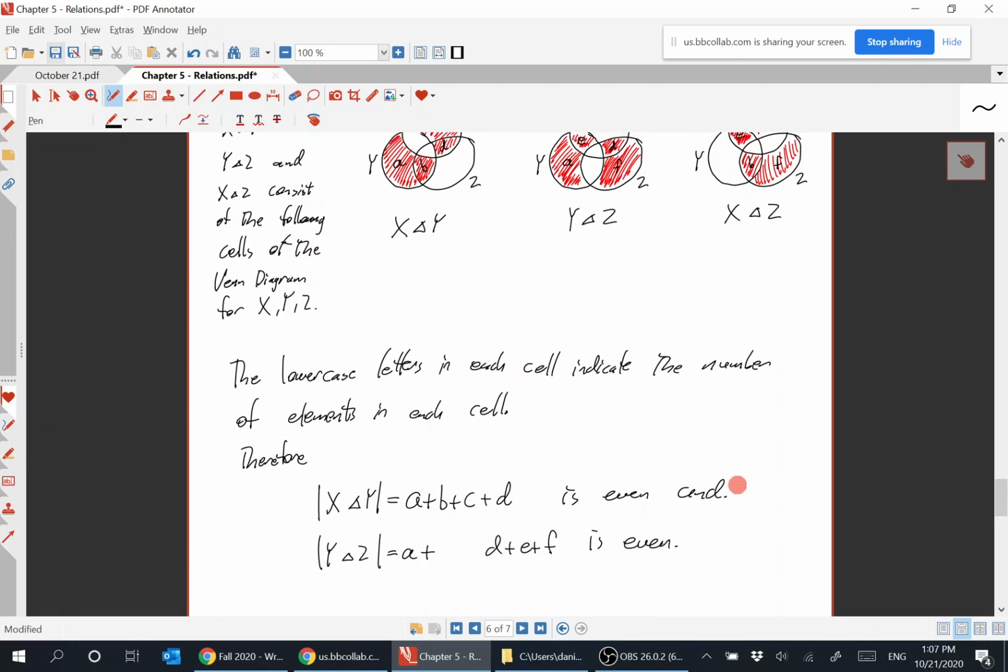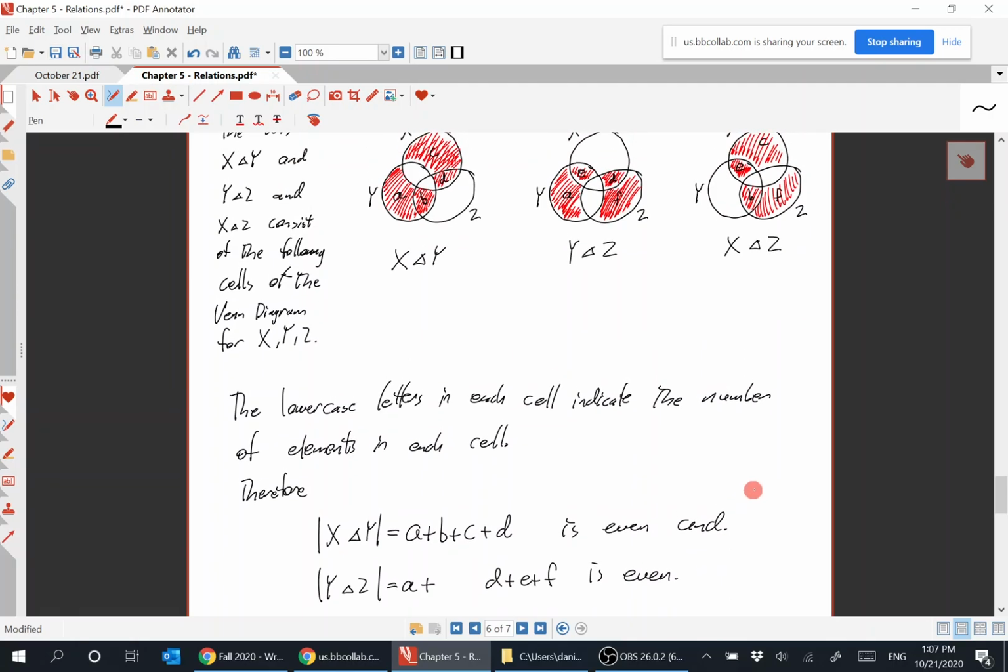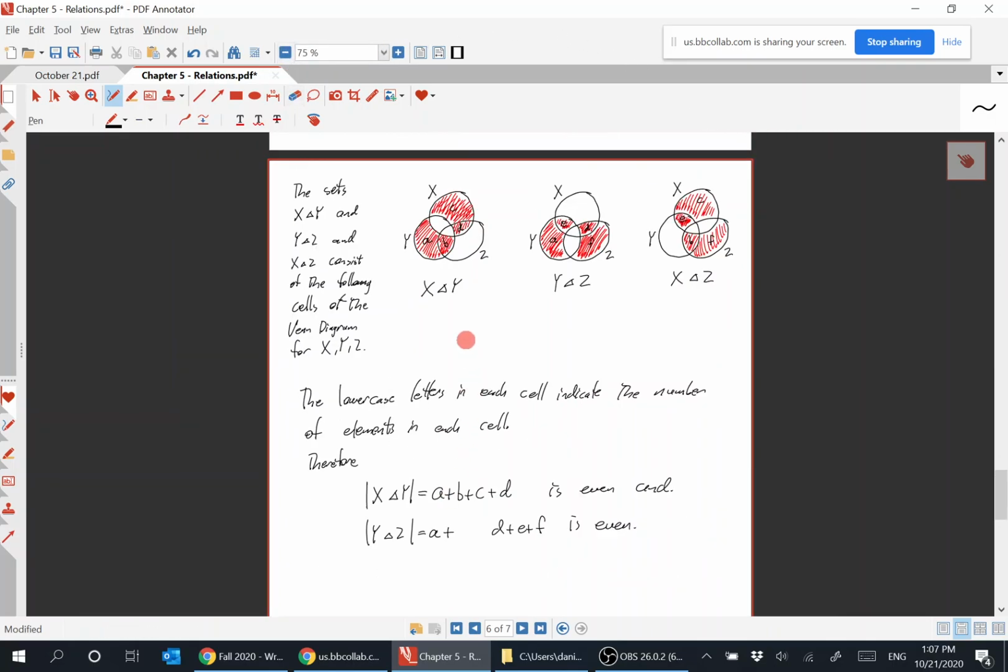Now, we're looking for B plus C plus E plus F to be even as well. Right? We've got A plus B plus C plus D is even. A plus D plus E plus F is even. We would like B plus C plus E plus F to be even.